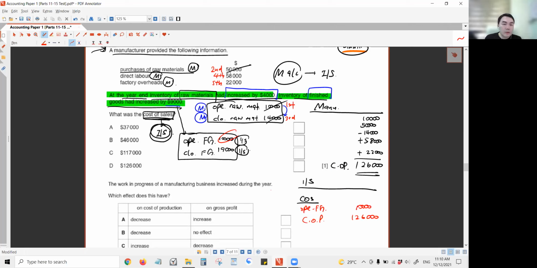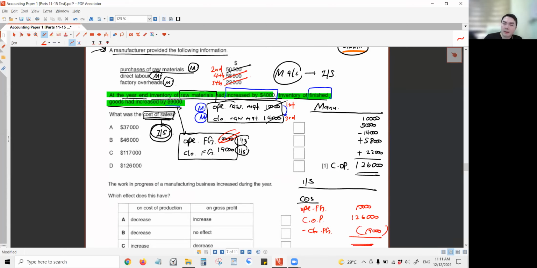Then do you have purchases of finished goods? No, right? To make it look clearer, I cross off numbers that I have used. One last number, minus closing finished goods, 19,000.